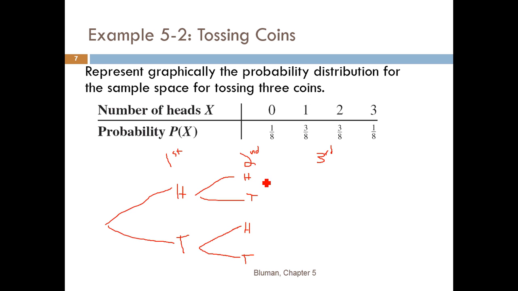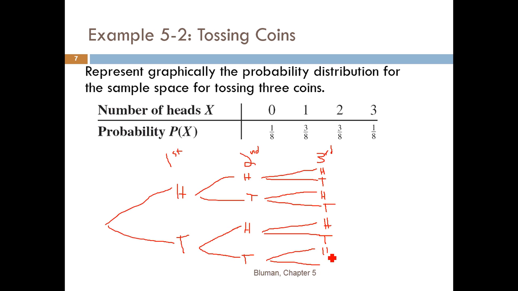If it was a head-head, the third one could be a head or a tail. If it was head-tail, the third one could be a head or a tail. If it was tail-head, it could be a head or a tail. If it was tail-tail, it could be a head or a tail.